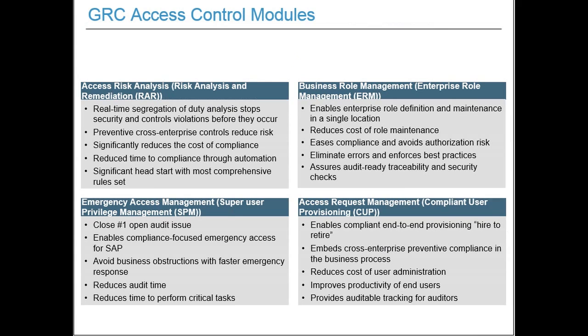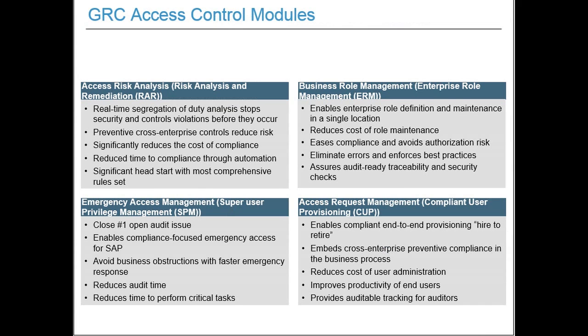So access risk analysis, before 10.0 it was called RAR, or risk analysis and remediation. It is a very helpful tool which actually stops the violation even before the risk happens.